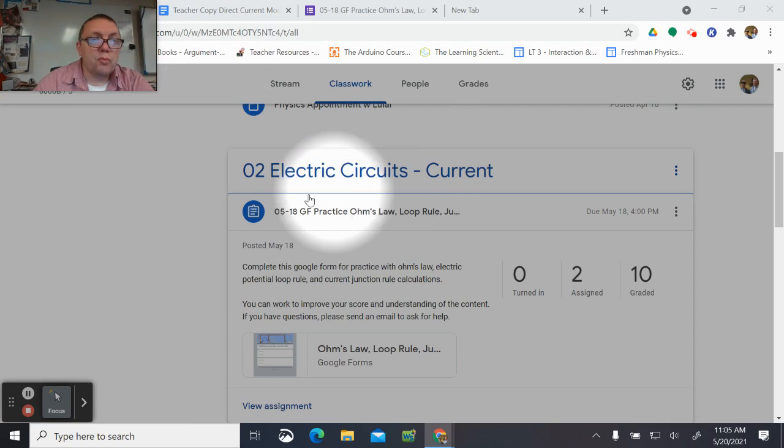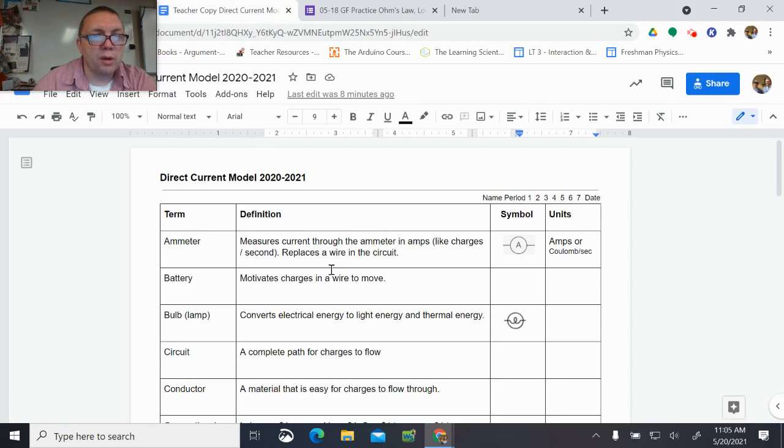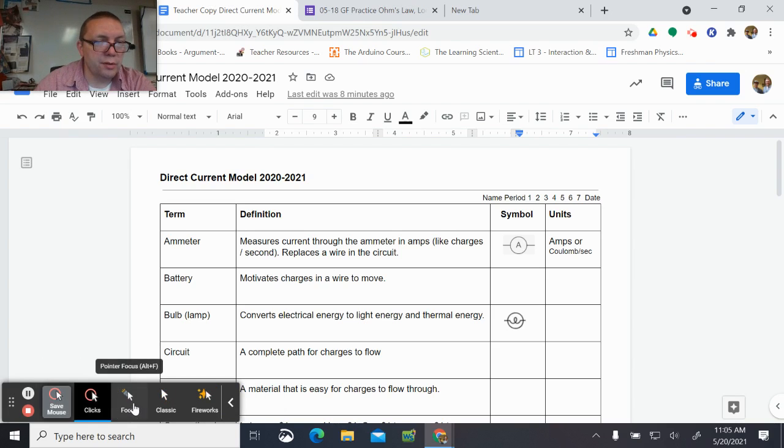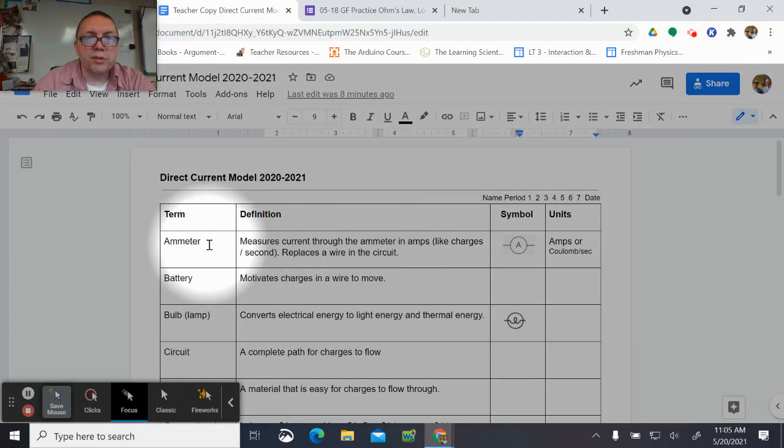So one of the first things that I wanted to, well, here, you know what, we'll do a big lay of the land on this teacher note thing on these note copies. No, we'll go back to this. There we go. So we've already discussed the ammeter and the symbol for an ammeter, and that it measures current, which is measured in amps.